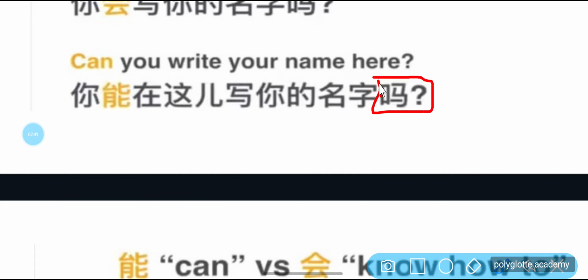The character ma is a question particle. So this is a question particle.